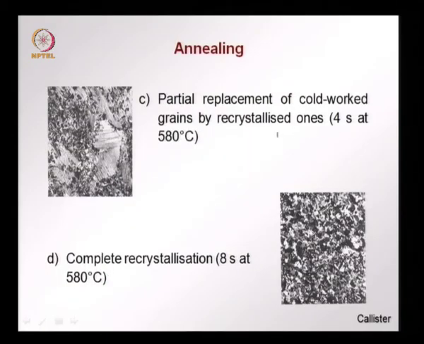Now after 4 seconds at 500 degrees centigrade, we have the cold worked grains being replaced by recrystallized smaller grains. Recrystallization completes at 8 seconds at the same temperature of 580 degrees. So we hardly see any slip planes, and we see a lot of small crystals in the picture.